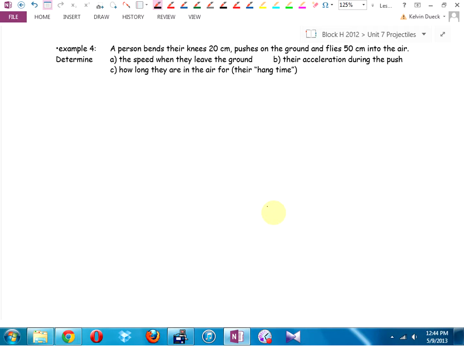Or if you're looking at when he leaves the ground, V final after he leaves the ground is 0 for a split second, in which case it would be V initial. Which one's correct? It's going to depend which one we know 3 things to find for.